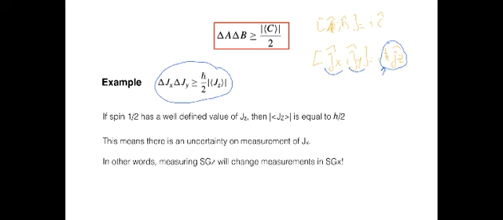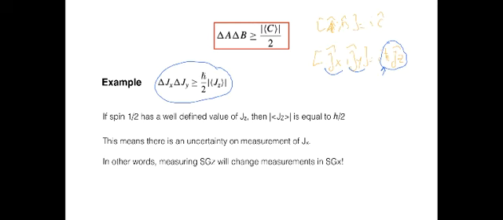That means that the right-hand side would be equal to h bar squared over 4. So that means that there is an uncertainty on both Jx and Jy. The uncertainty on Jx and Jy must be strictly larger than 0.